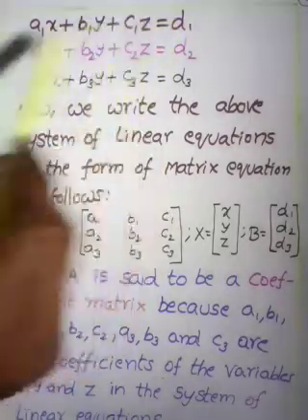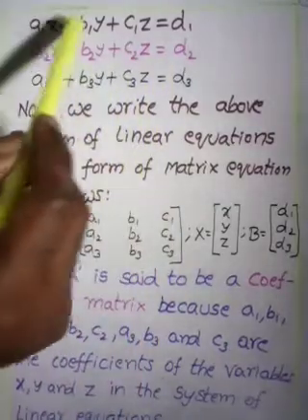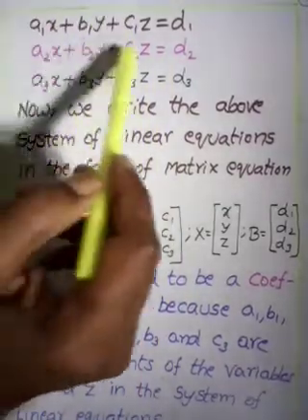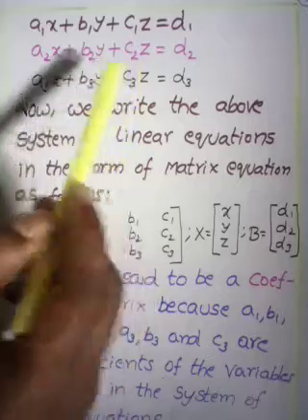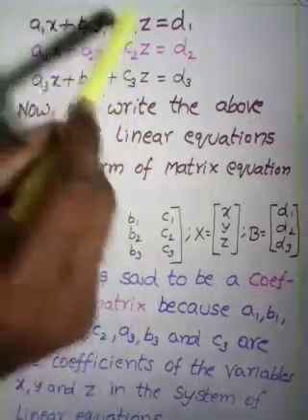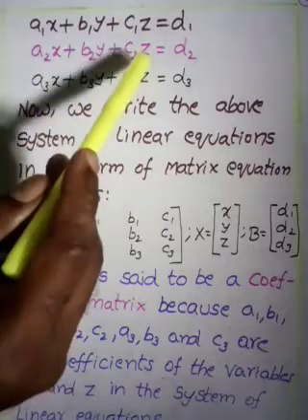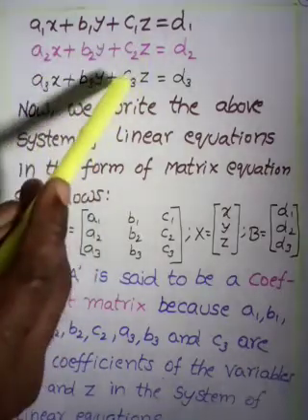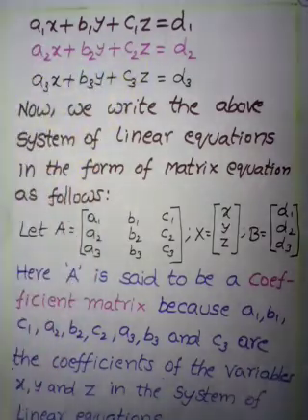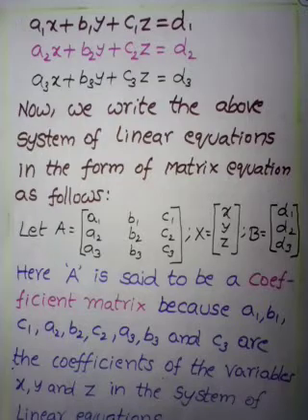If you observe these three equations, these 9 elements are the coefficients of the variables x, y and z. Isn't it, my dear children? Yes. Okay, my dear children. Understood? Right.